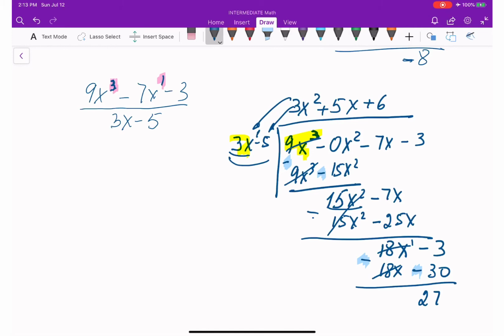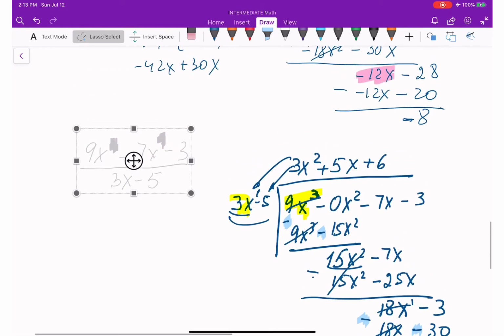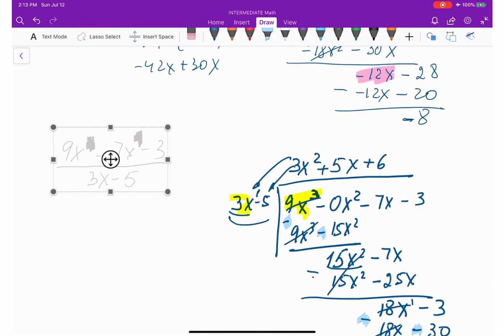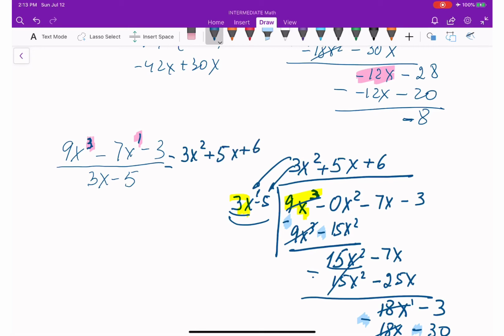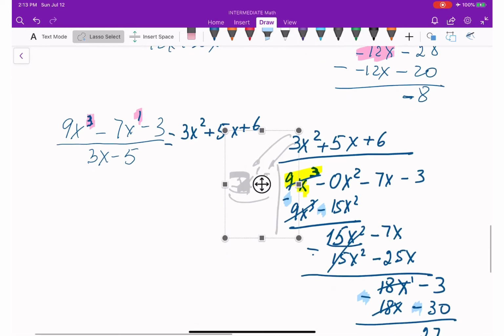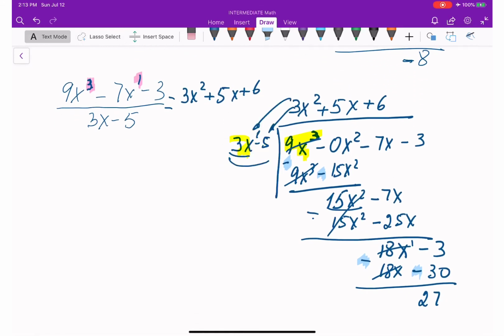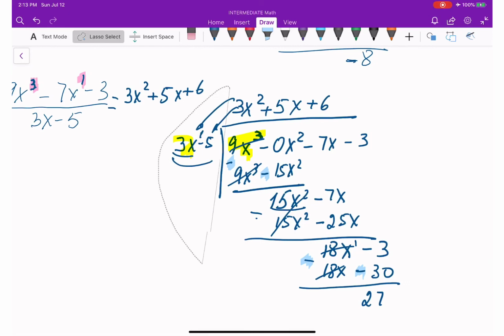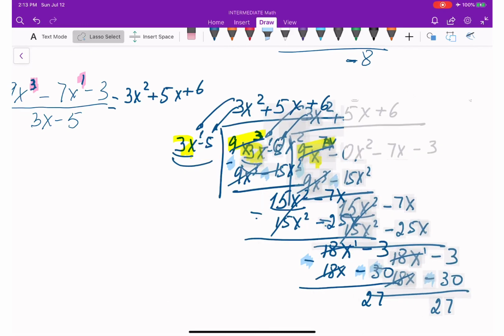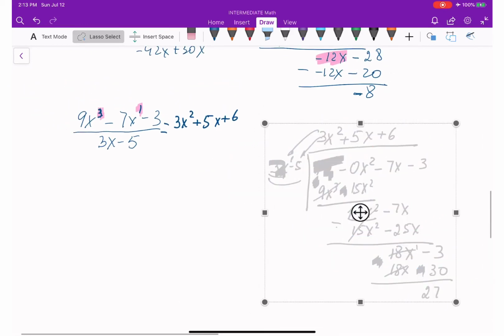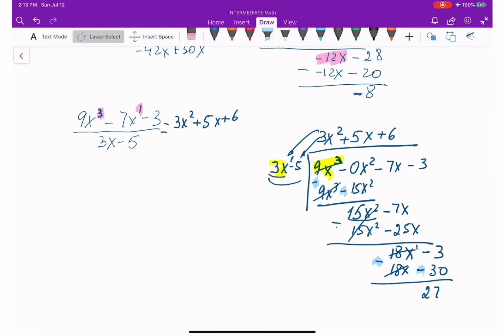Okay, so the result is 3x squared plus 5x plus 6, plus 27 over 3x minus 5.